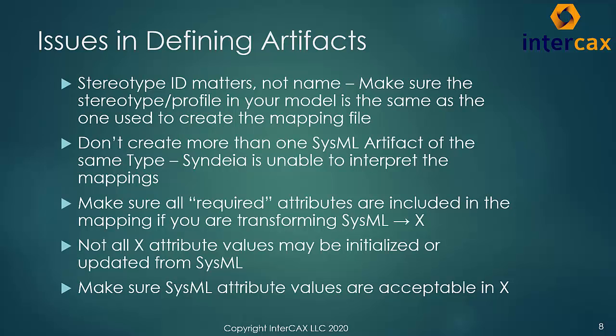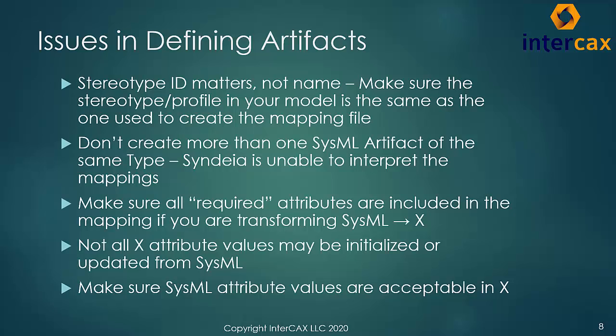Finally, be careful about attribute values when defining mappings. The APIs of the target tools, the non-SysML tools you are interfacing to, all have their special features. In some cases, some attribute values are required when creating a model element in the target tool. These attributes must be part of the mapping for that use case.